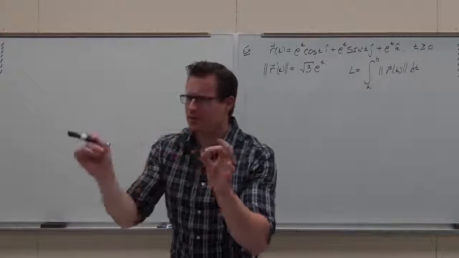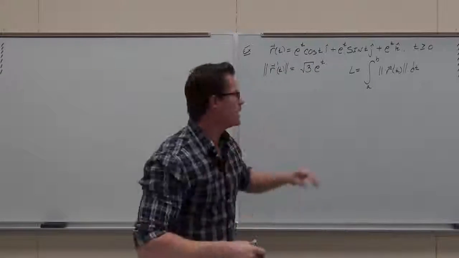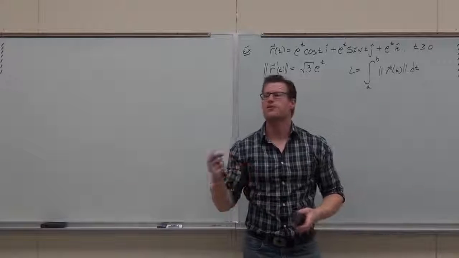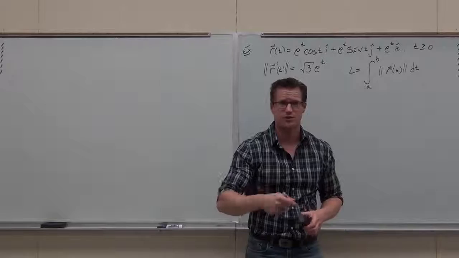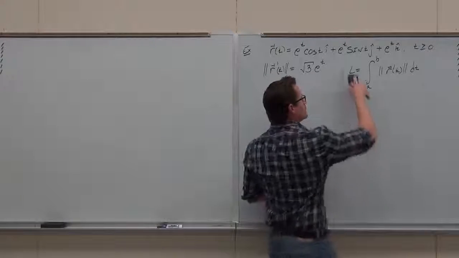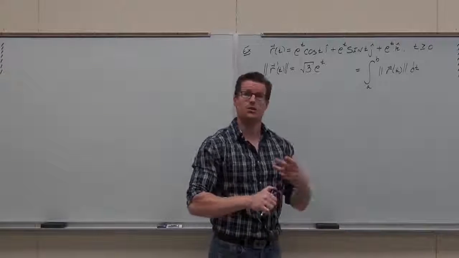If you're actually finding the length of something, going from like 0 to pi, it would find the actual length. If we're trying to find the arc length function, which is what's going to allow us to reparameterize this curve in terms of not t, but s, in terms of arc length, then L changes to s of t, the arc length function.